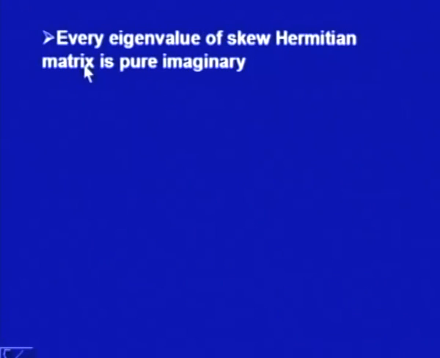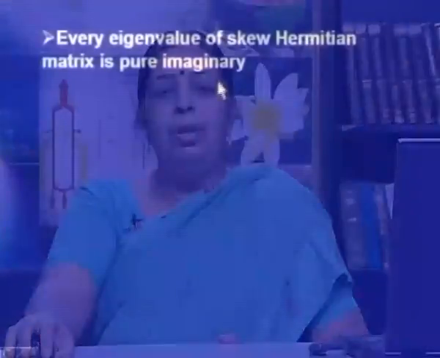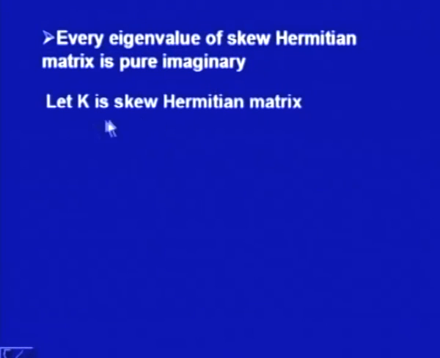Then every eigenvalue of a skew-Hermitian matrix is pure imaginary. We have proved a result related to Hermitian matrices, and we found that a Hermitian matrix has real eigenvalues, but if the matrix happens to be skew-Hermitian, then its eigenvalues will be pure imaginary. So, to prove this, let K be a skew-Hermitian matrix, then iK is a Hermitian matrix.